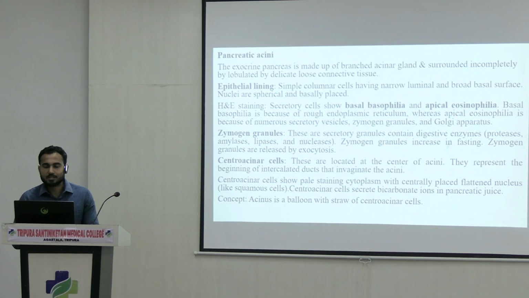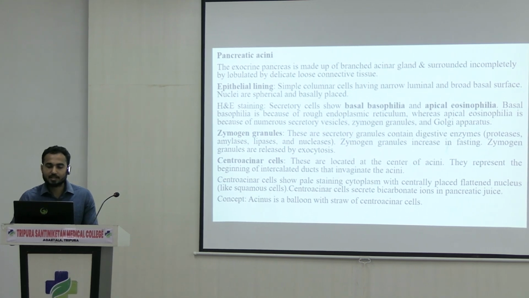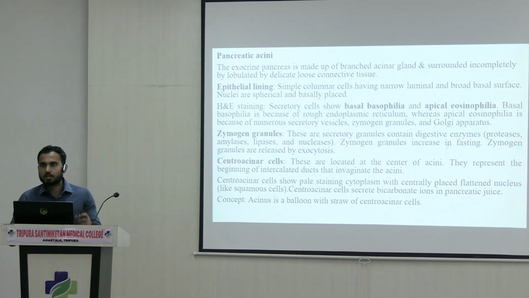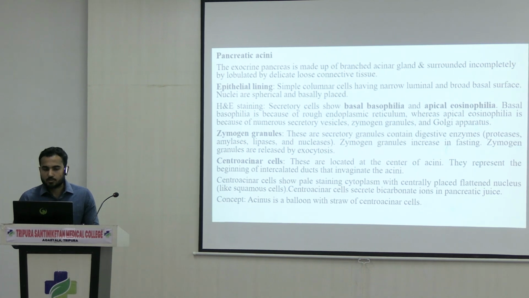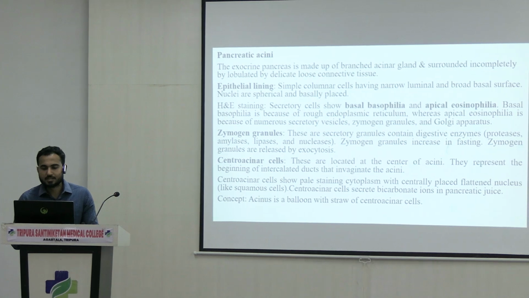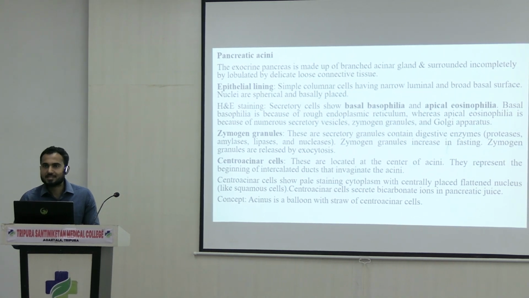The nucleus which is present is spherical and basally placed. So in case of columnar epithelium, we know that the nucleus is at the base of the cell. Next, if you do H&E staining of the pancreatic acini, the cell shows basal basophilia and apical eosinophilia.